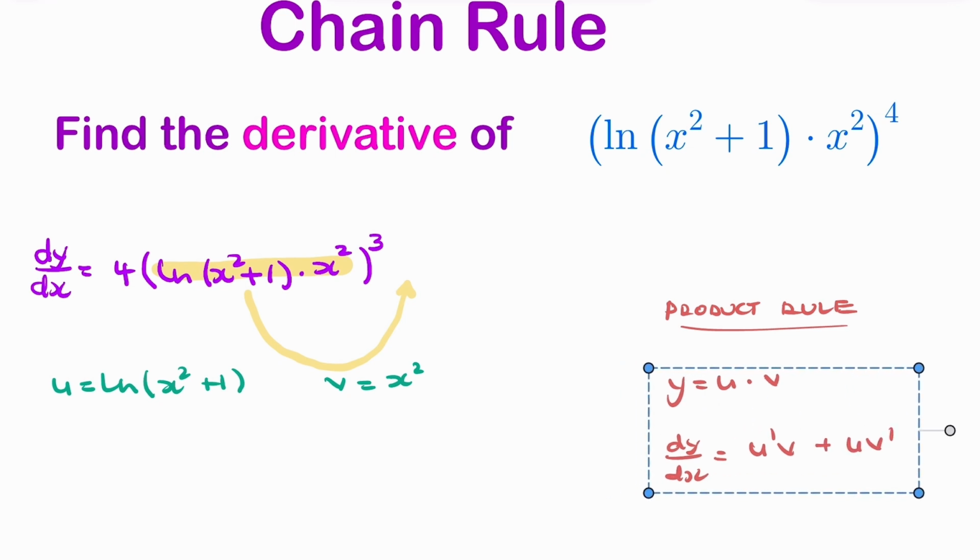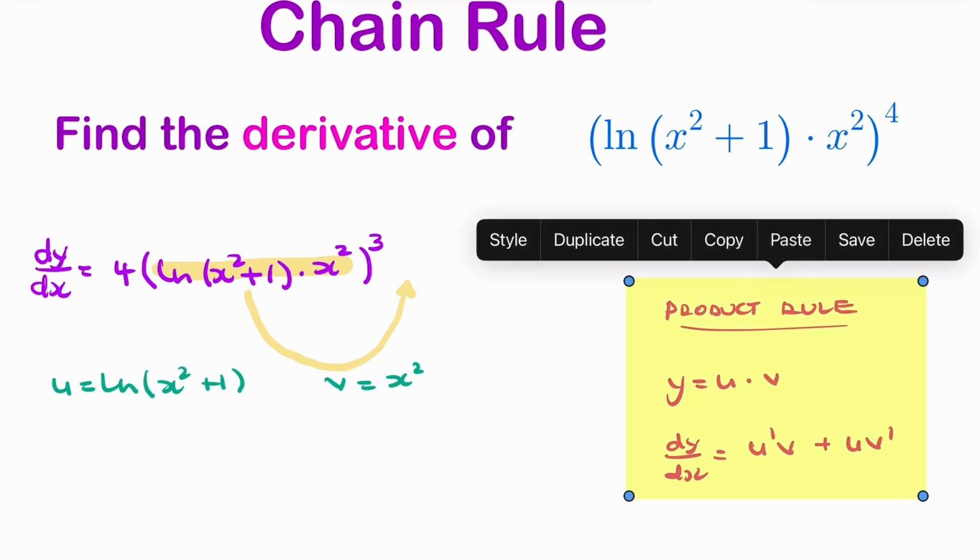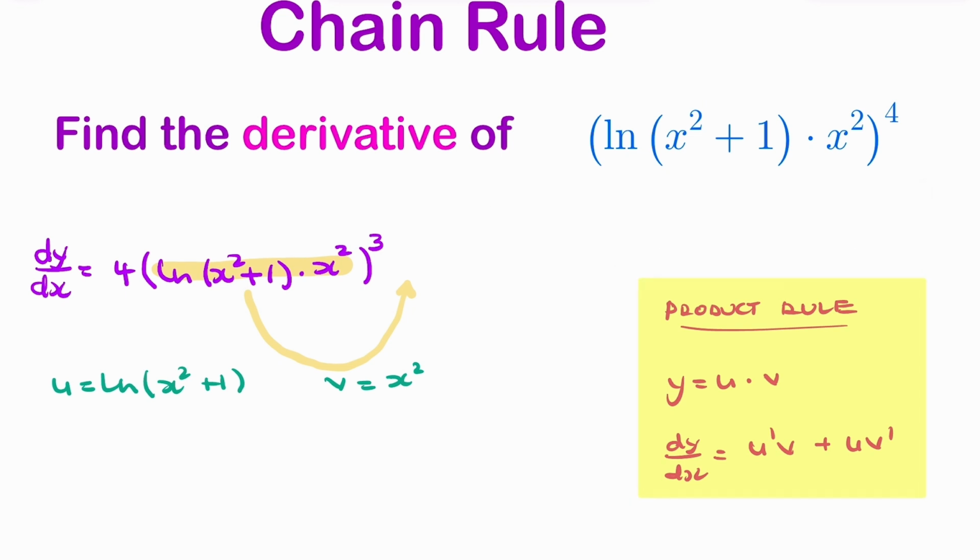So I need to differentiate both u and v. Let me put that in a box. You need to know the product rule. It won't be given to you in the exam. So that's my u, that's my v. I'm going to differentiate each to find u dash and v dash.